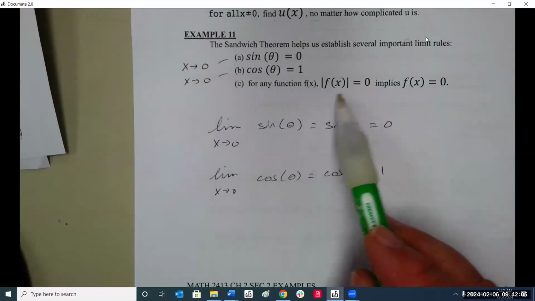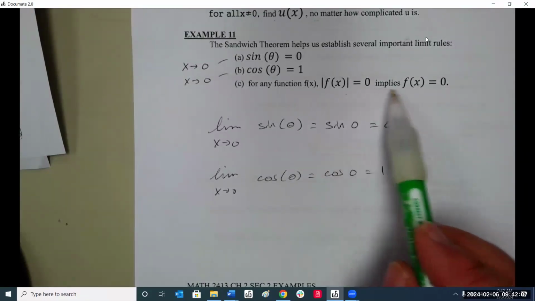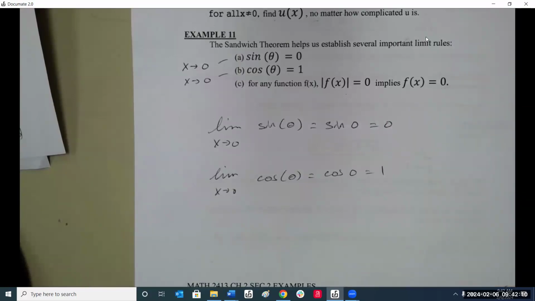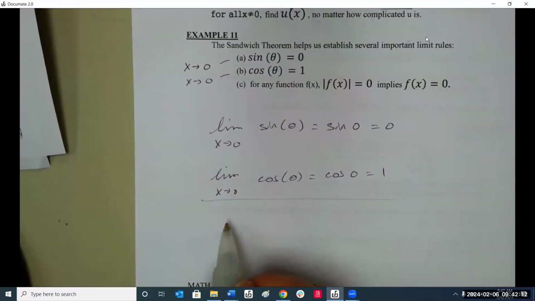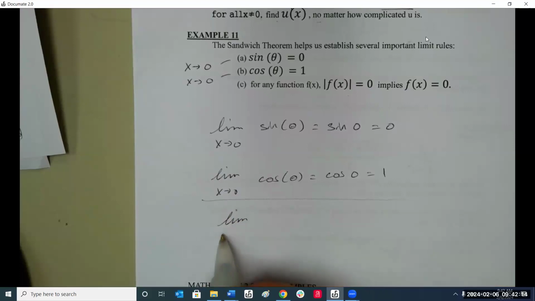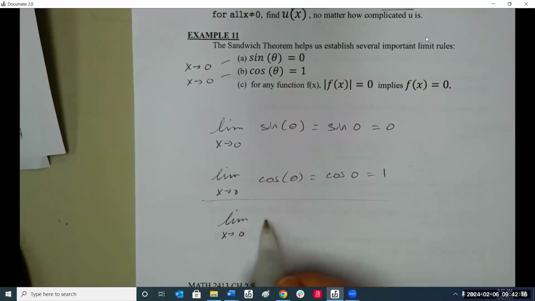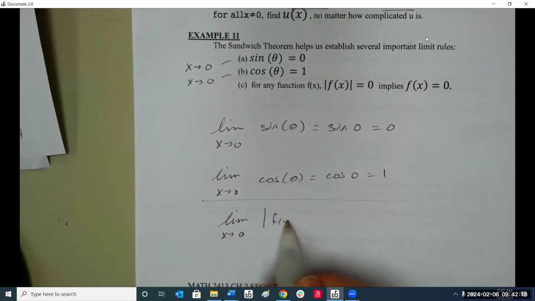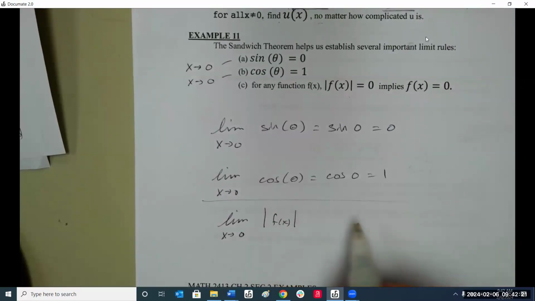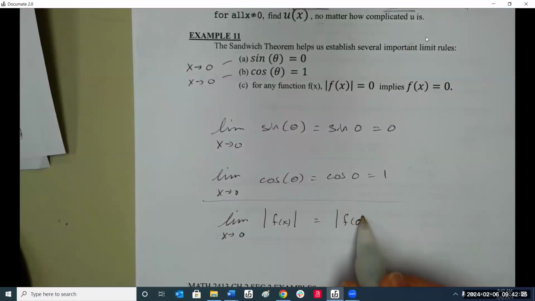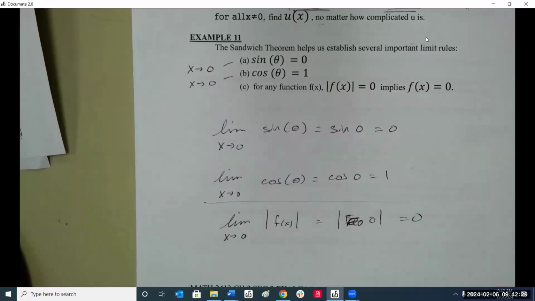For any function f of x, the limit as x approaches 0 of the absolute value of x is equal to the absolute value of 0, which is 0. Basically, we just plug those in there.